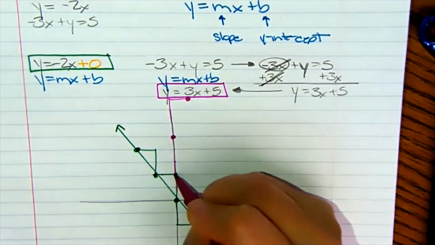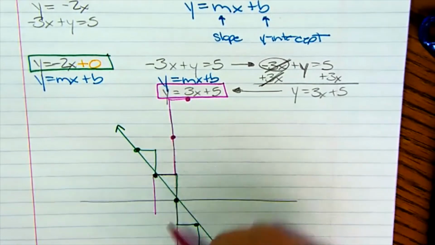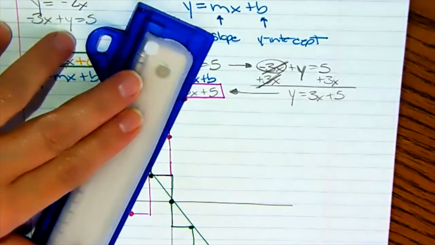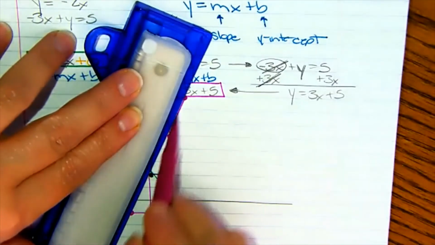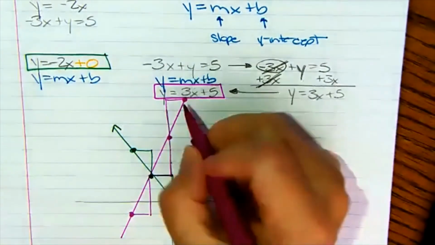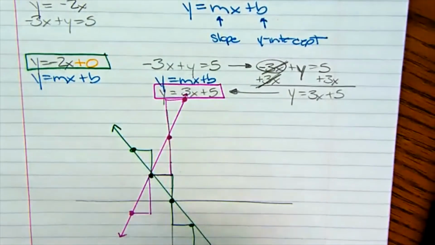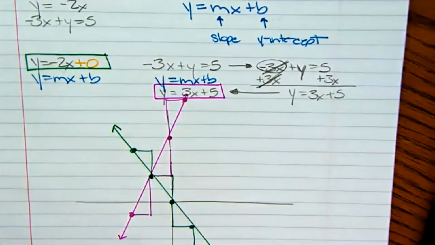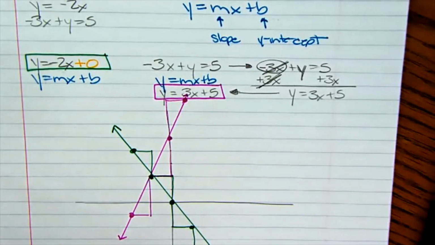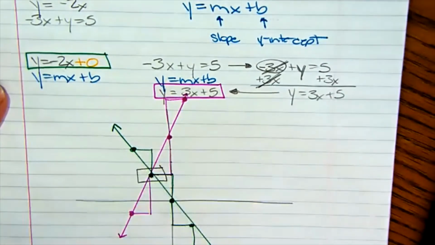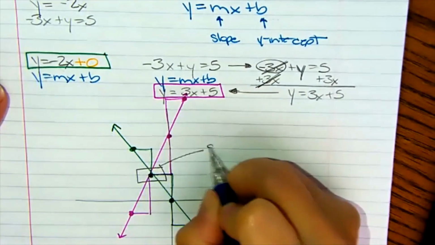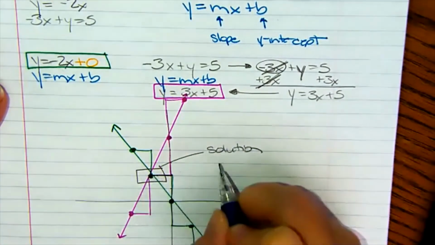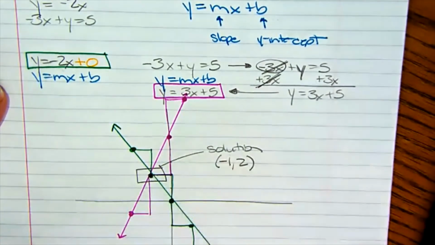And for good measure, I'm going to follow it in the other direction. So this line represents this equation. Where the two lines intersect is my solution. And it looks like my solution is negative 1, 2.